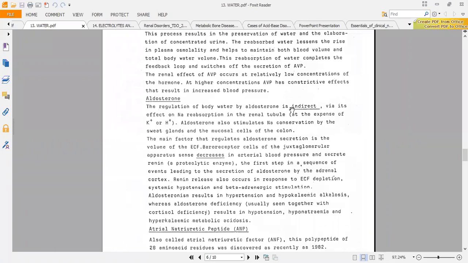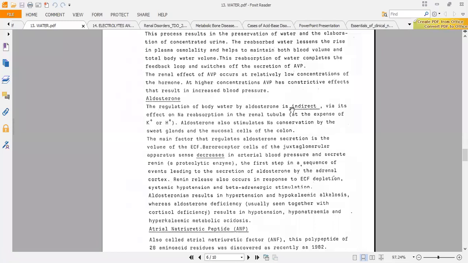Okay, so anytime you reabsorb sodium, you have to throw away potassium or hydrogen. So that means that if you have high levels of aldosterone, then you are going to reabsorb a lot of sodium, and you are going to lose a lot of potassium and hydrogen ions.